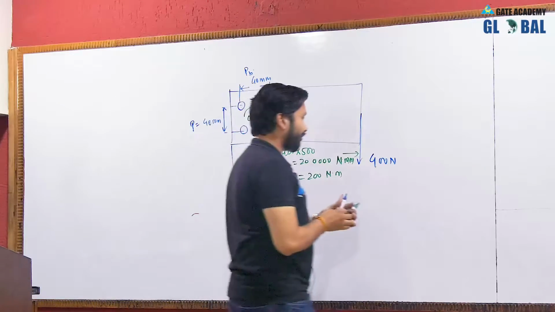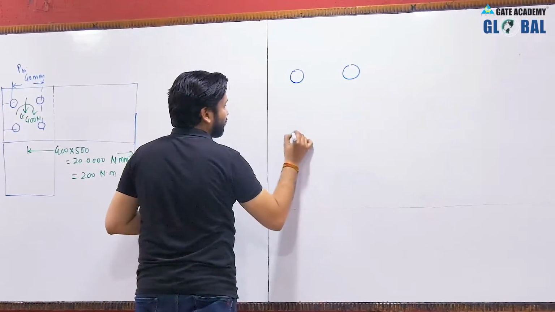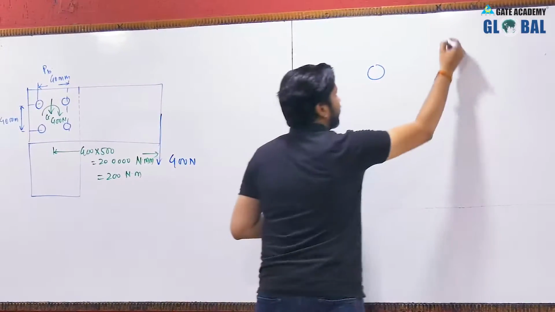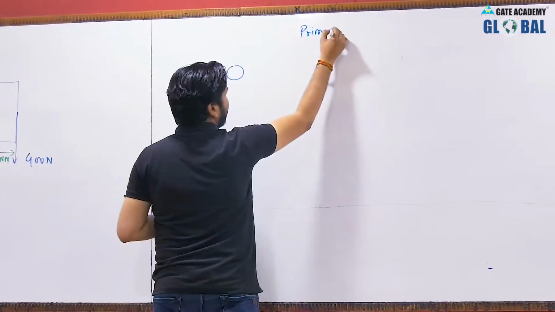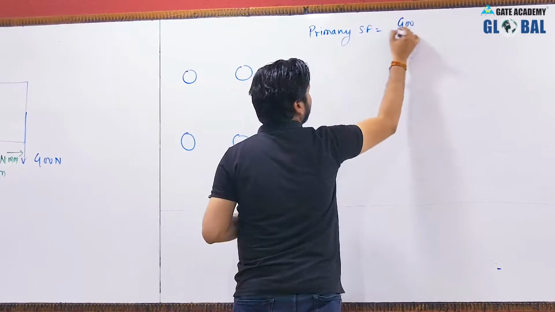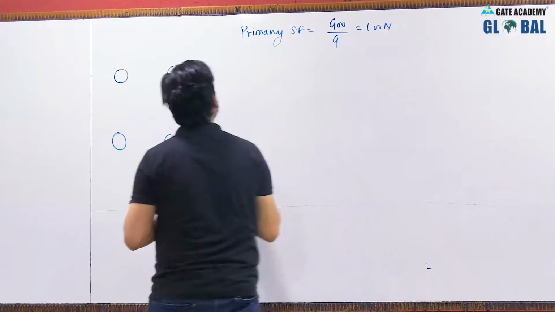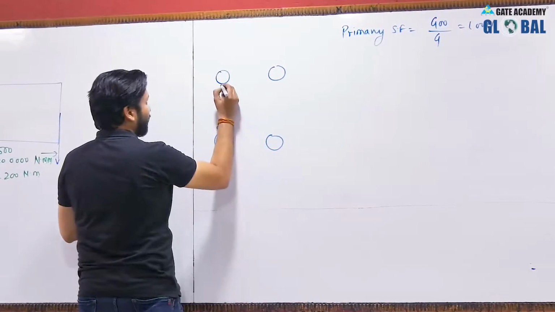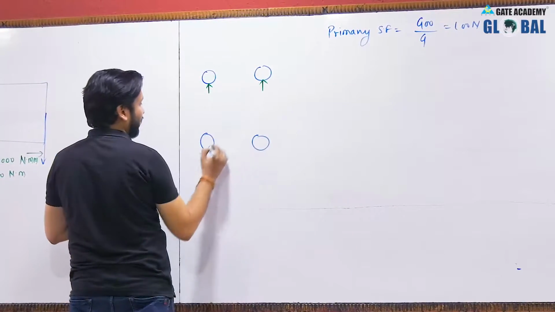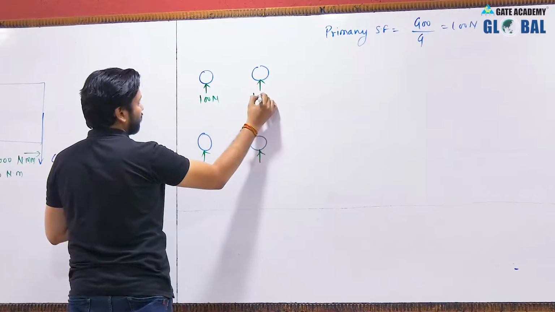Now the primary shear force will be equal to the external load, 400 Newton, divided by the number of rivets, that is 4, so 100 Newton. So this will be the primary shear force acting on each rivet, 100 Newton.